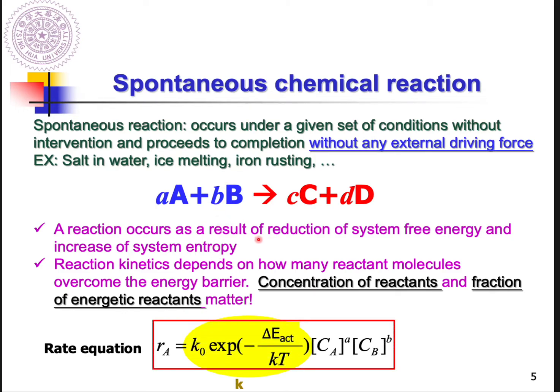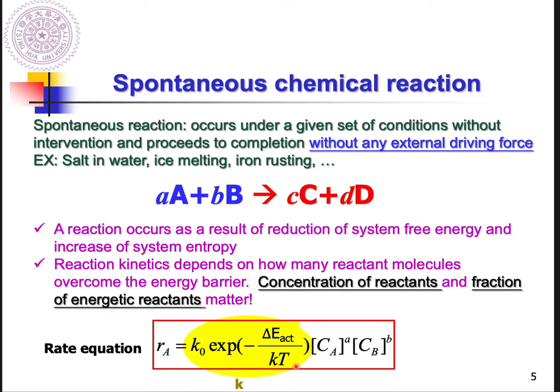When you write down the rate equation for these chemical reactions, it equals the rate constant times the concentration dependence of the reactants. And this rate constant includes the portion exponential of minus activation energy over kT. This portion is the fraction of energetic reactants, right?